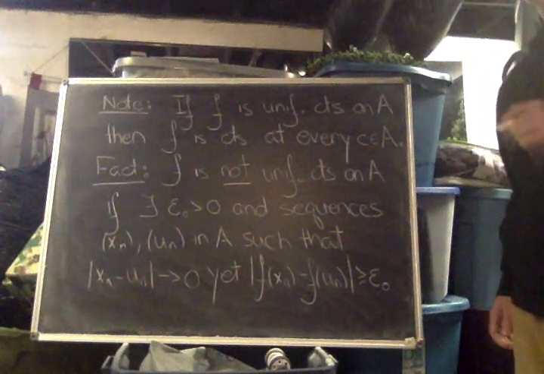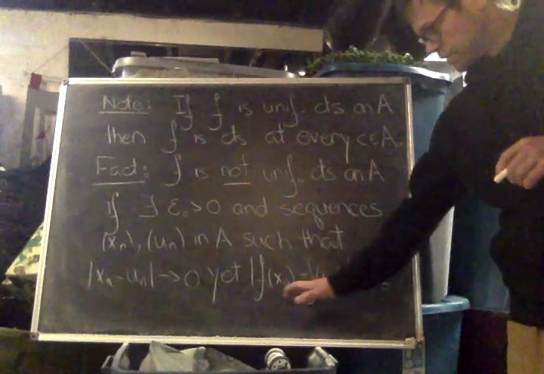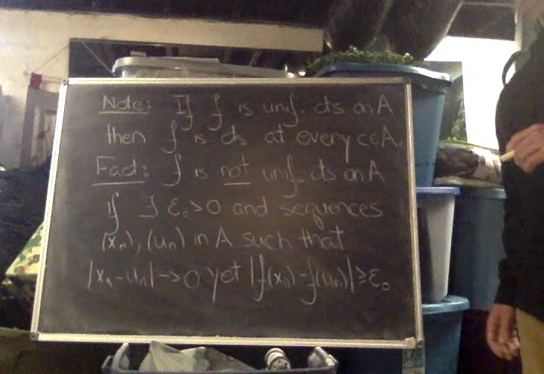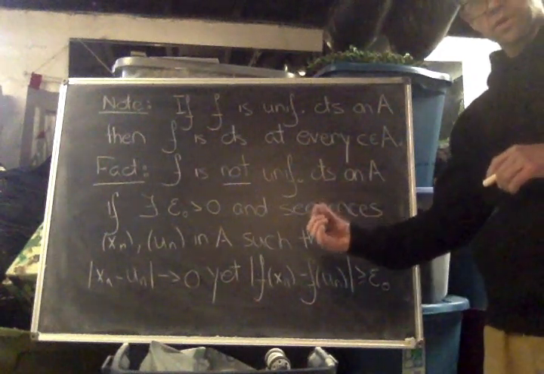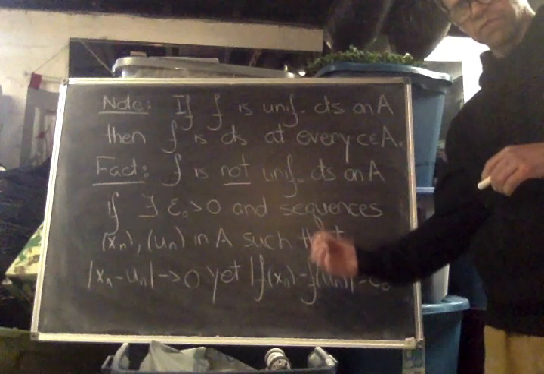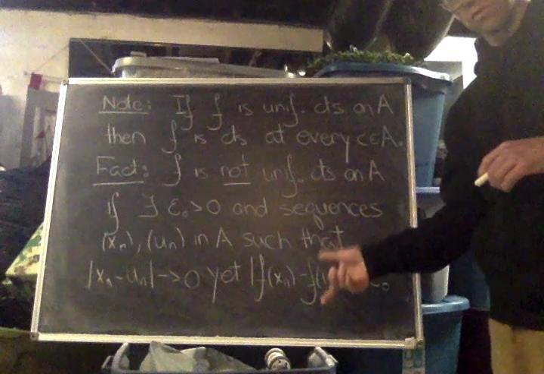Okay? In other words, the distance between the function values on these two sequences, they stay far apart. So the points are getting closer and closer together, but the function values are staying far apart. That's the failure of uniform continuity.